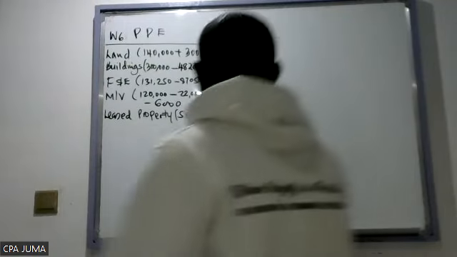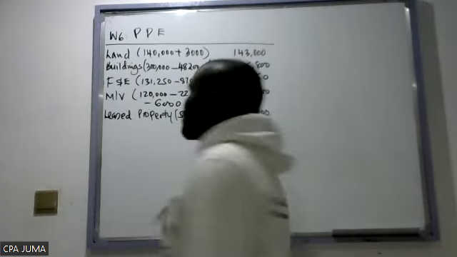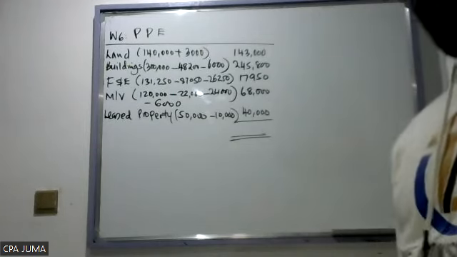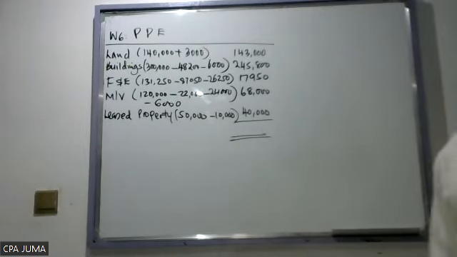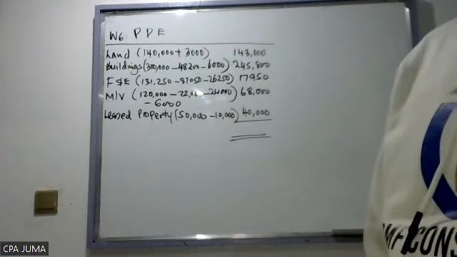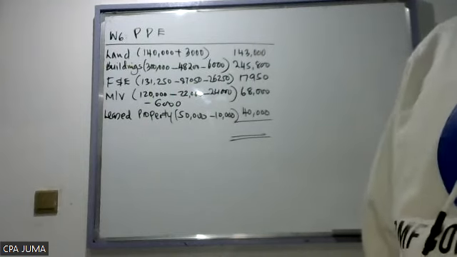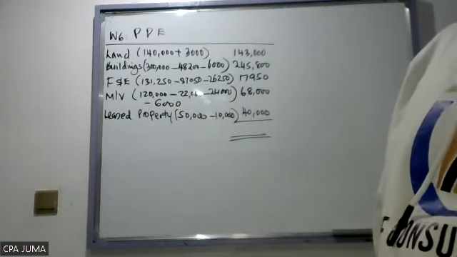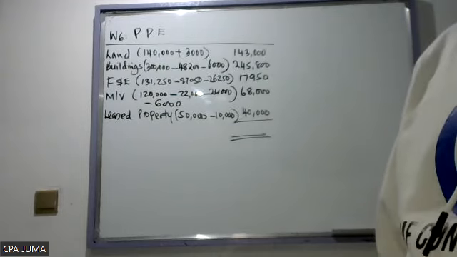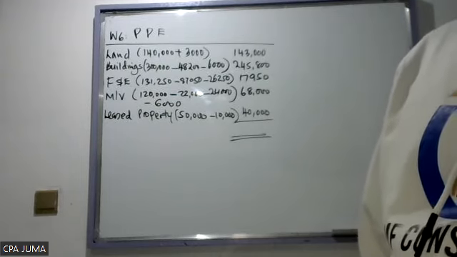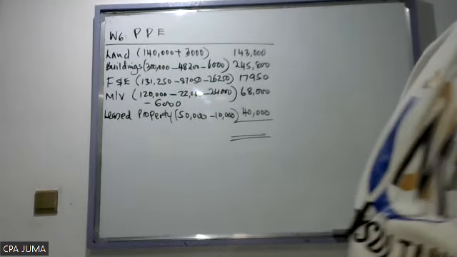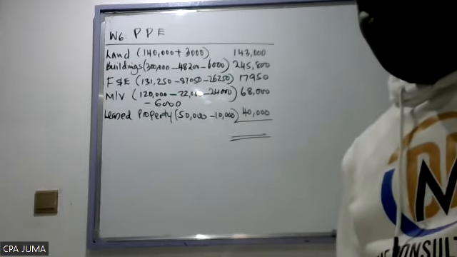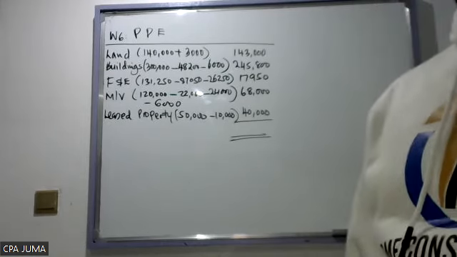So can you add for me this total? Rachel, 514,750.